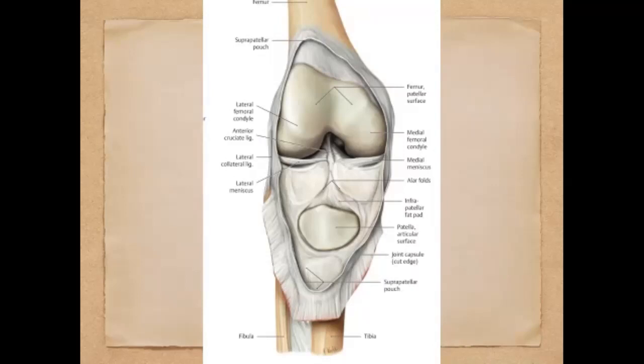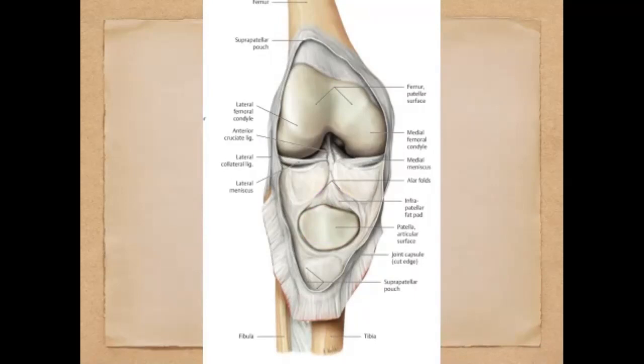This is the representation of alar folds. You see, the joint capsule is reflected inferiorly. This is the patellar articular surface. So these are alar folds.